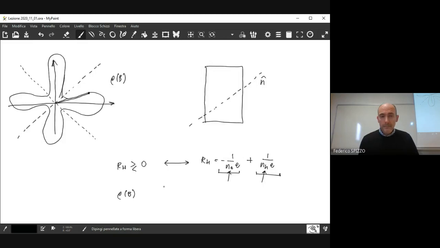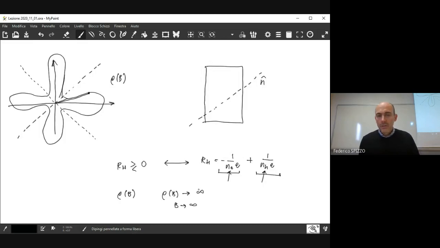In this case, the resistivity is expected to go to infinity as the intensity of the external field increases. In general, in the experiment, you do not actually see an infinite value for the resistivity. You just see that the resistivity increases its value as the magnetic field is increased.